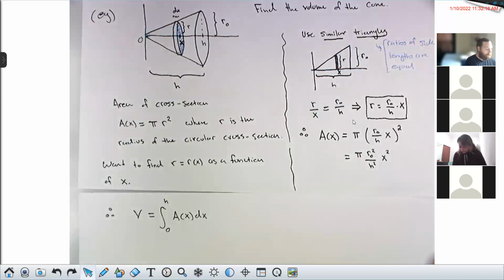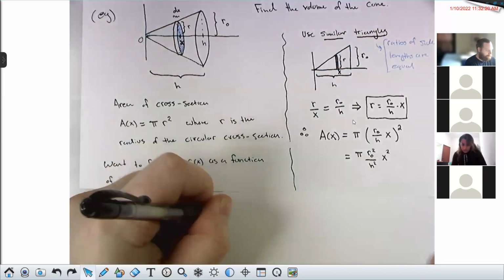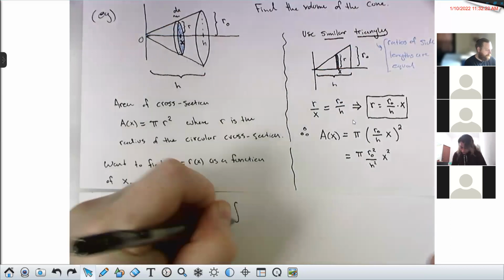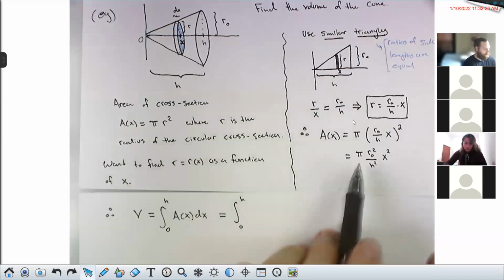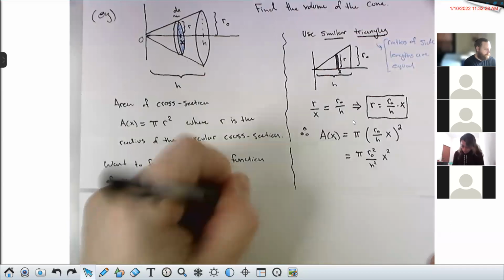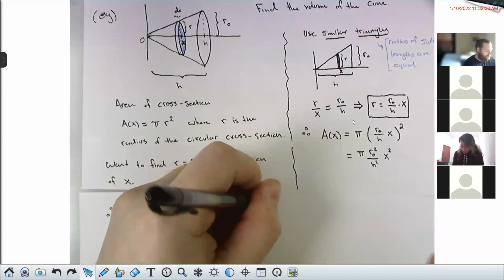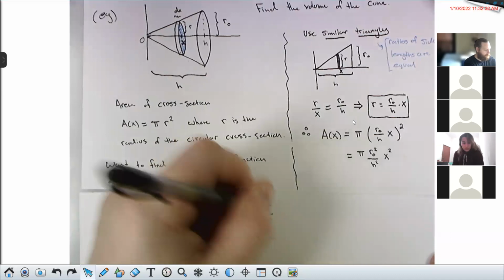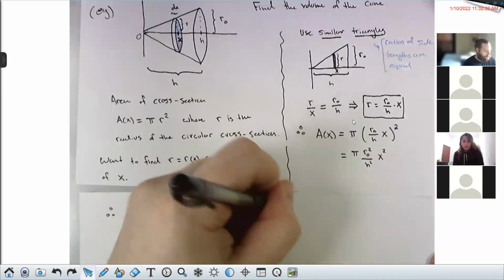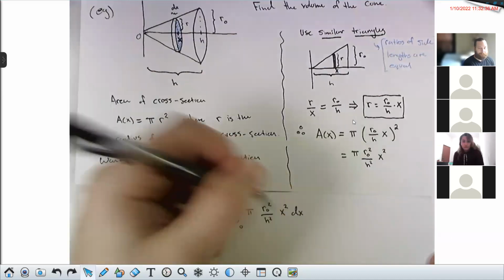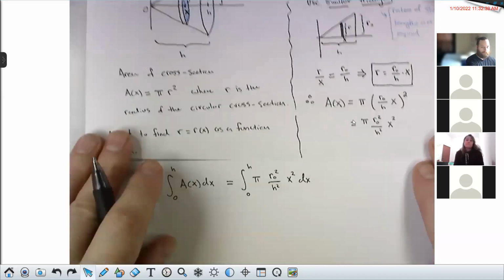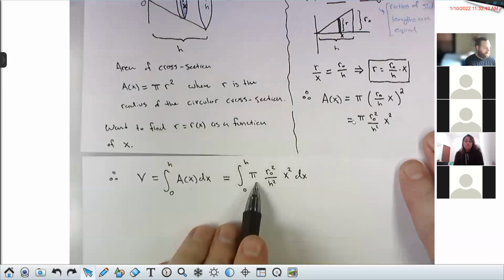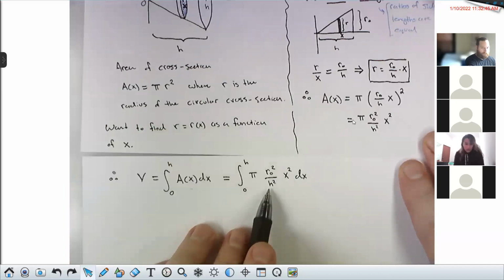Okay, from here things are not bad. I'm integrating from 0 to H this function A of x, which is pi times R naught squared over H squared times x squared dx. The pi, the R naught, and the H are all constants, right?